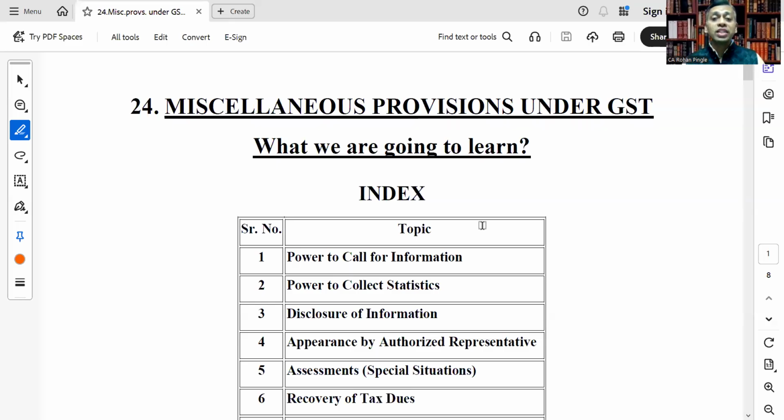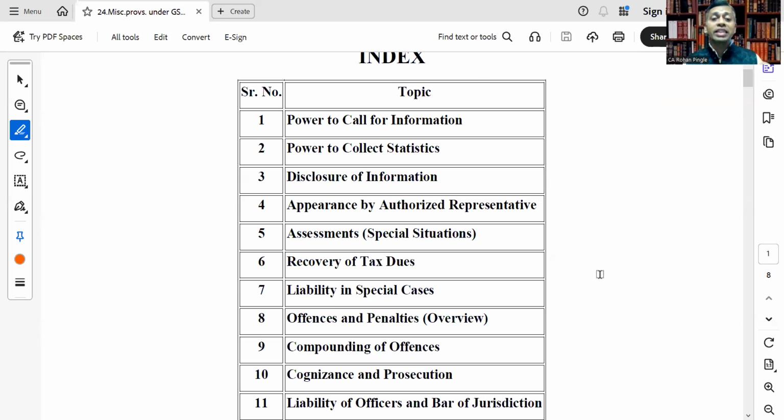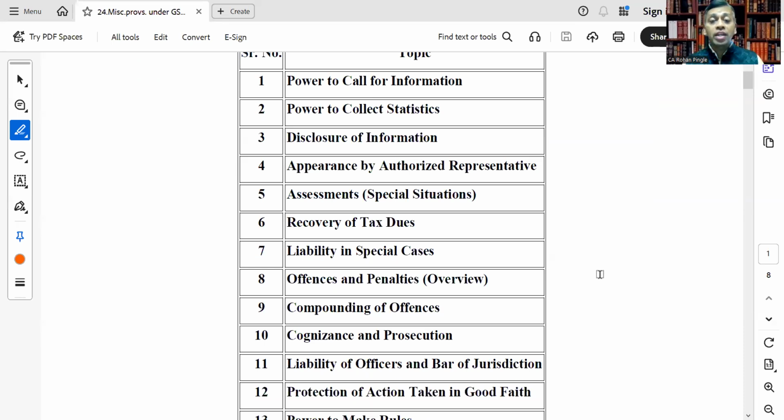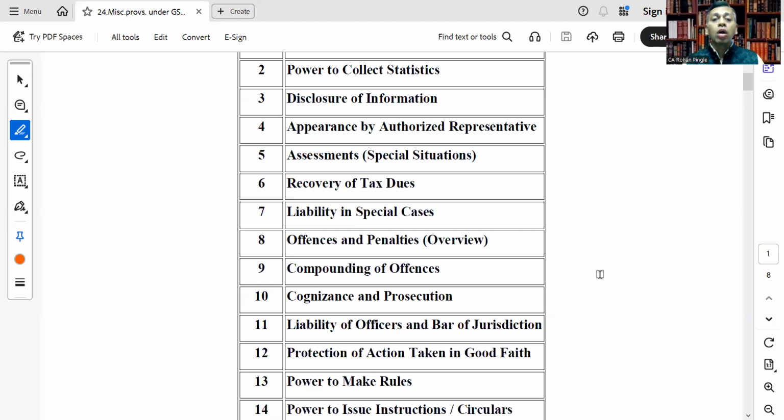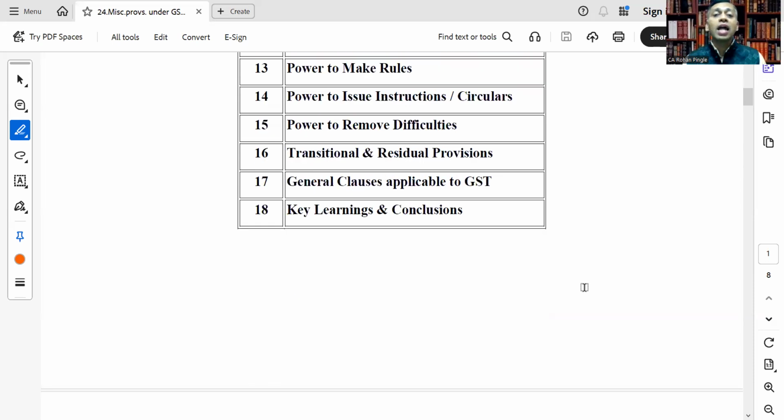Let's see what we are going to learn: power to call for information, power to collect statistics, disclosure of information, appearance by authorized representative, assessment in special situations, recovery of tax dues, liability in special cases, offences and penalties overview, compounding of offences, cognizance and prosecution, liability of officers and bar of jurisdiction, protection of action taken in good faith, power to make rules, power to issue instructions and circulars, power to remove difficulties, transitional and residual provisions, general clauses applicable to GST, and at the end, key learnings and conclusions from today's learning.